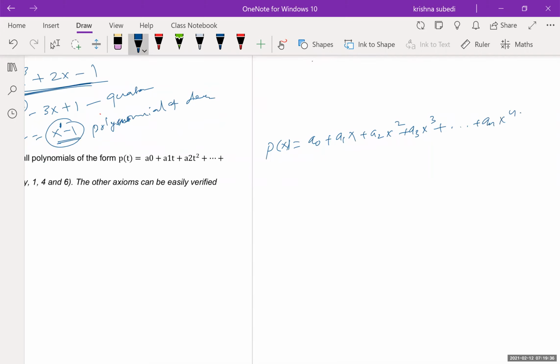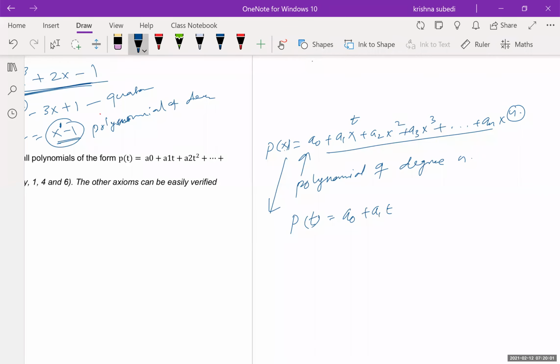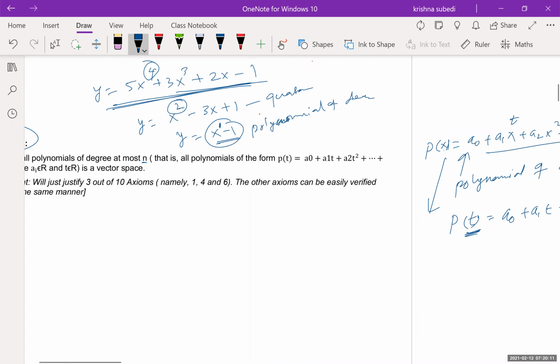So this is called the polynomial of degree n, because the highest power in the polynomial is n. Generally speaking, for polynomial, instead of x, we'll be using t, okay? So the same thing, I generally use t as a variable. So a0 plus a1t plus a2t squared plus all the way goes up to an t^n. So our variable, we generally consider t as a variable to represent the polynomial in general form.